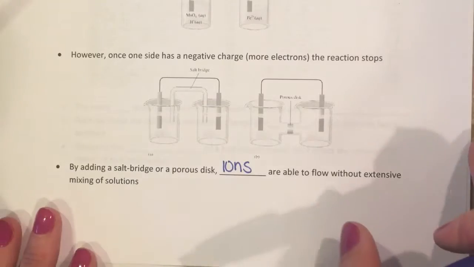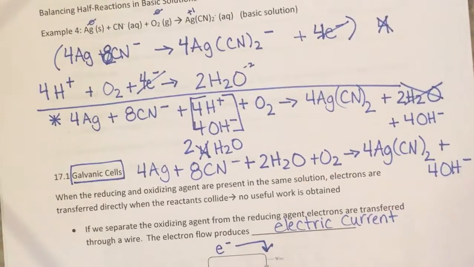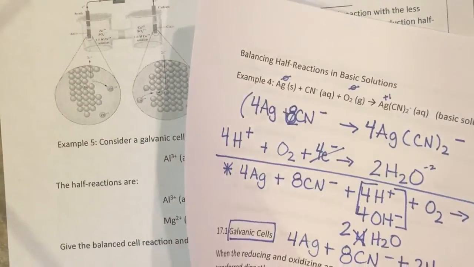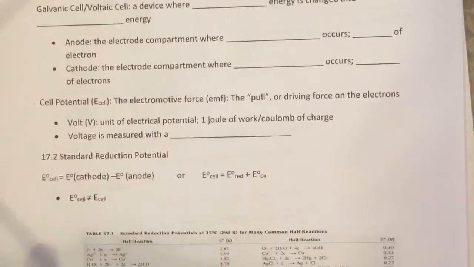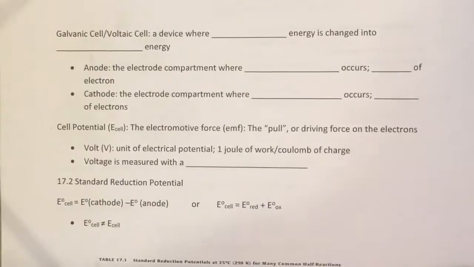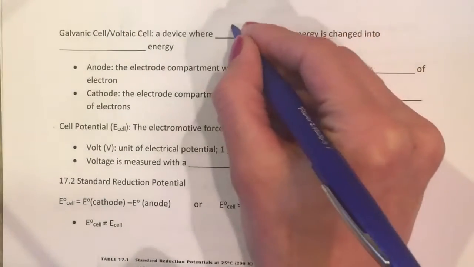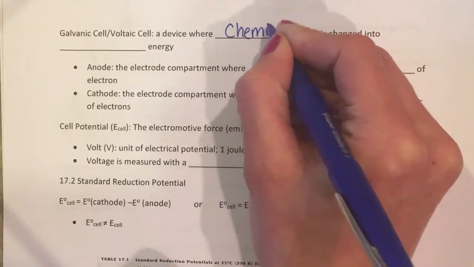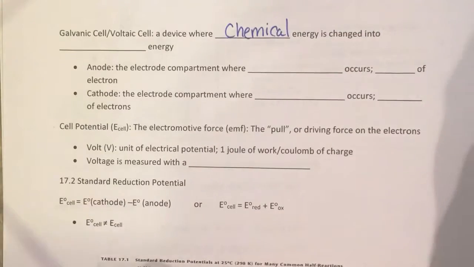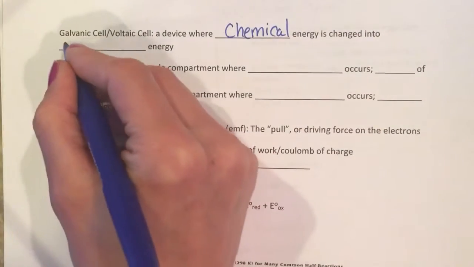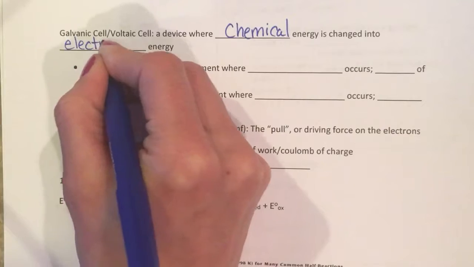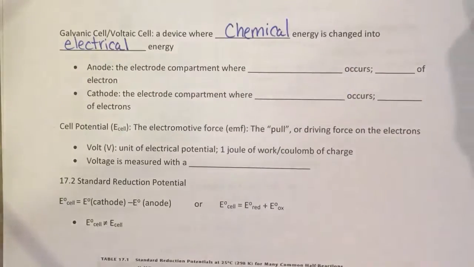Okay? So the whole point of a galvanic cell is I'm taking chemical energy and I'm turning it into electrical energy. So I'm making a simple battery, okay? My battery has two parts. It has an anode.